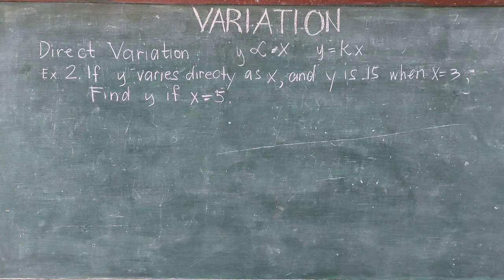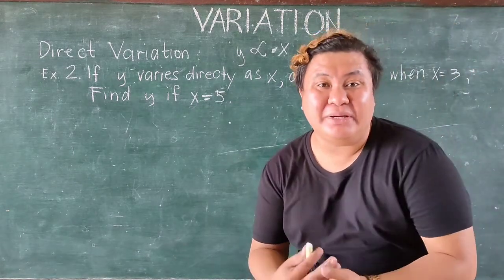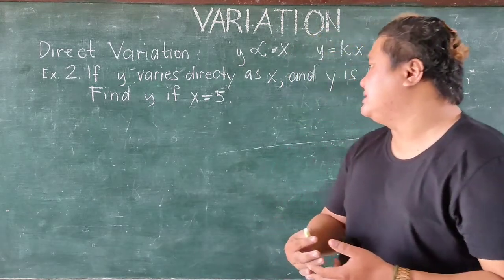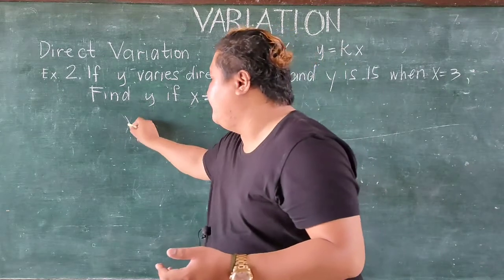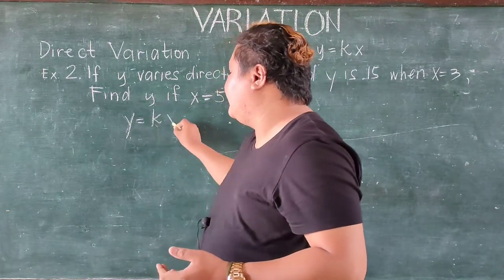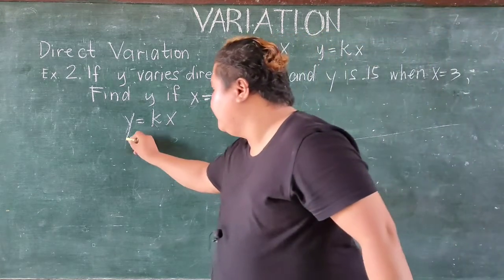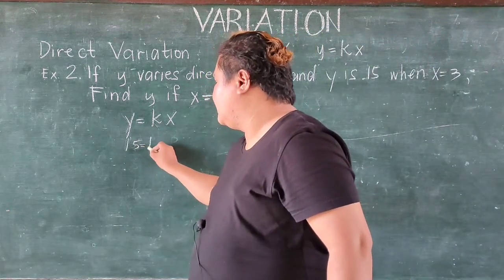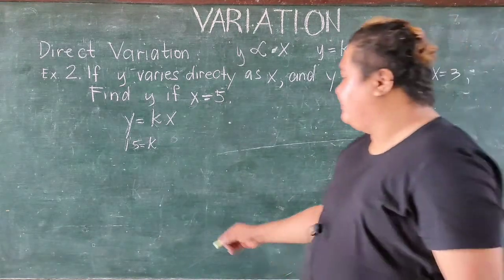Since in our problem y varies directly as x, we can use this formula, y is equals to kx. Given a value of y which is 15 equals k, and the value of x is 3.